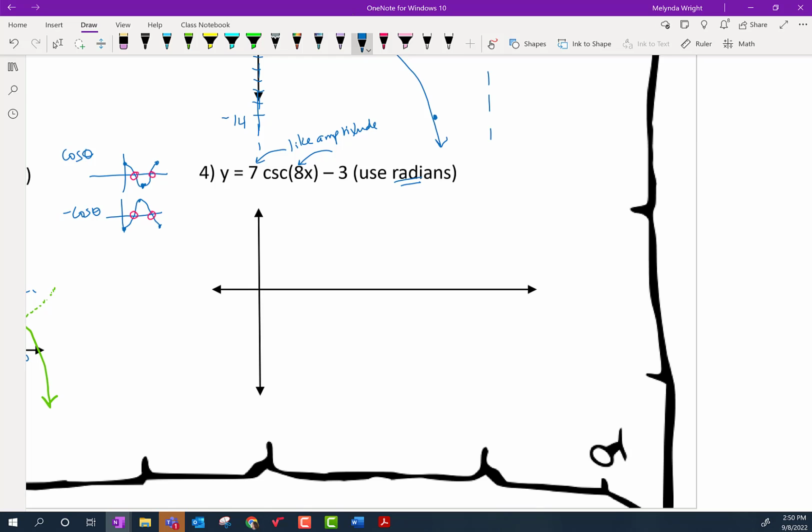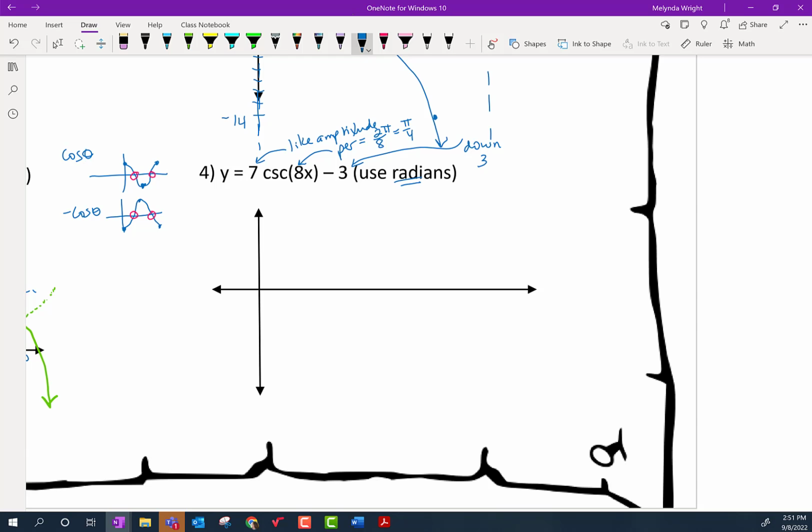We're in radians, so the period is going to equal 2 pi over 8, which reduces to pi over 4. And this number means down 3. Those numbers tell us what to do. They're our guideposts. They tell us exactly what to do.